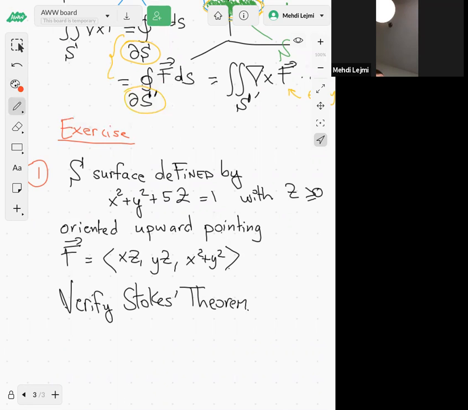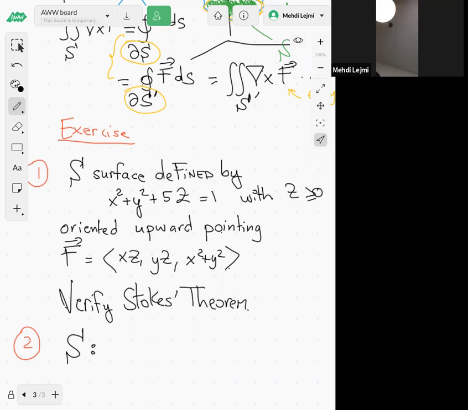Okay, exercise number 2. So in this exercise number 2, if you try this exercise, you'll see that it turns out that your double integral and your line integral are kind of hard to compute. And so the idea would be to do the trick I did in the previous example where I had to change the surface, right?